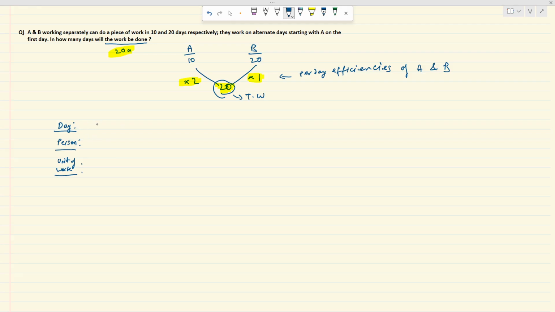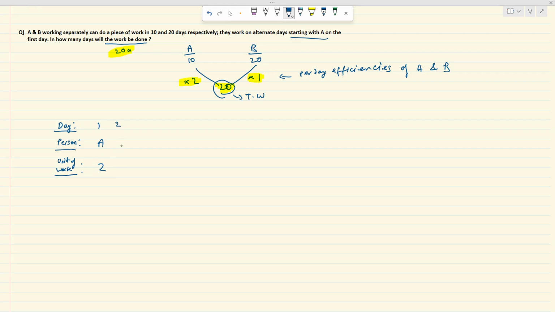On the first day, starting with A, A will be working and doing 2 units, because A can complete 2 units of work in one day. That is his full capacity.